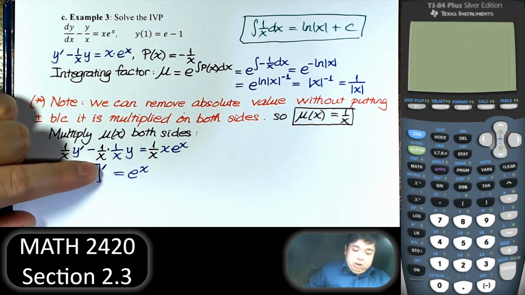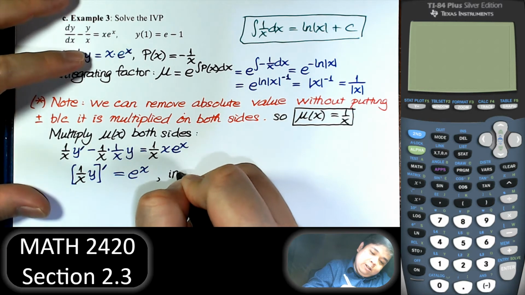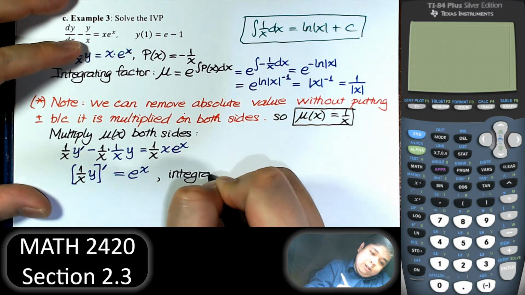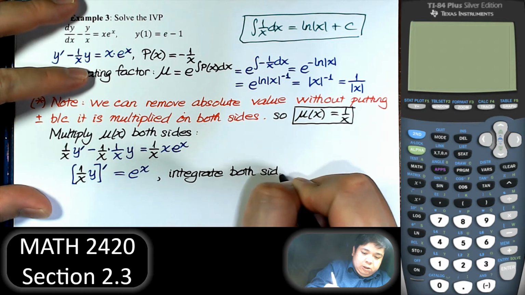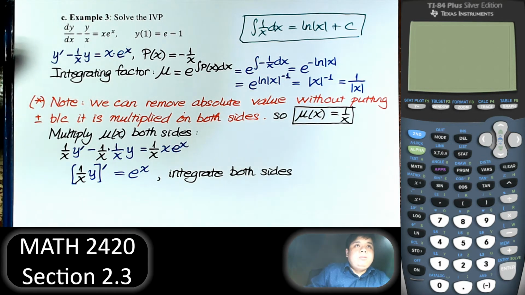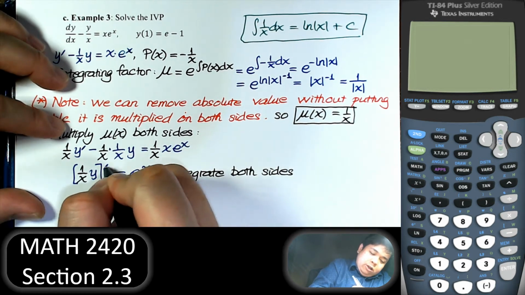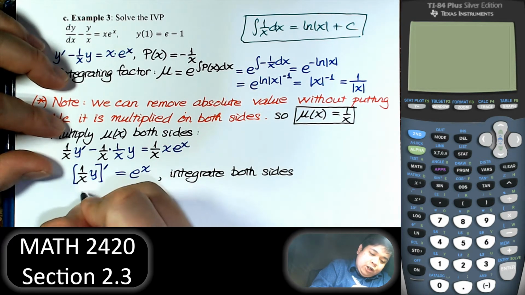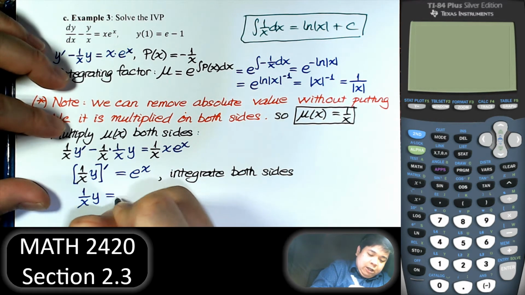To get rid of the derivative, of course, antiderivative or integrate. So the integral undoes the derivative.